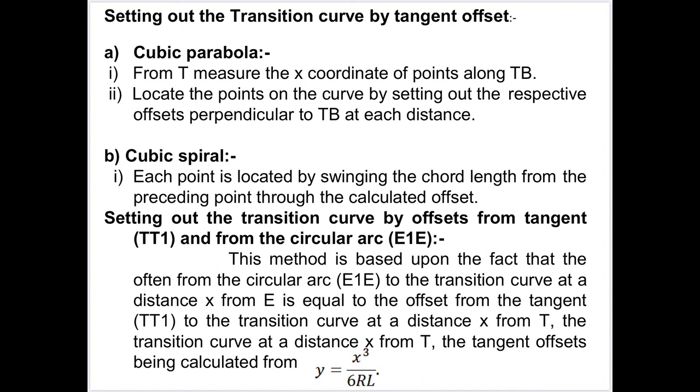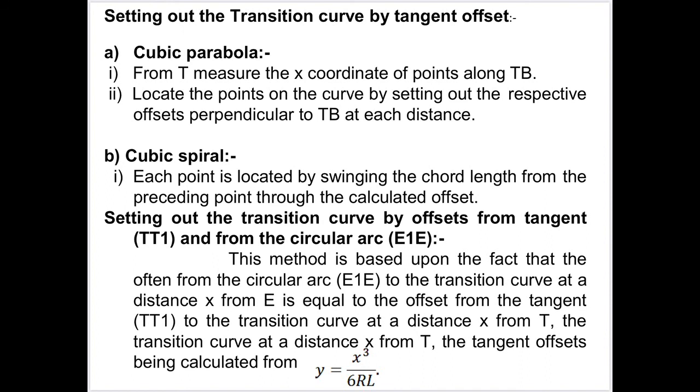For the cubic spiral method, if we set up by using tangent offset, each point is located by swinging the chord length from the preceding point through the calculated offsets. So from T1 we can swing the chord length and find out the next point, that is D. Then we can find out E from D and so on.